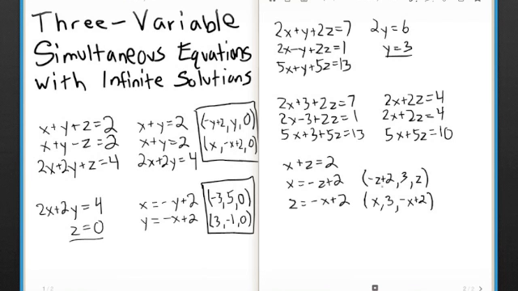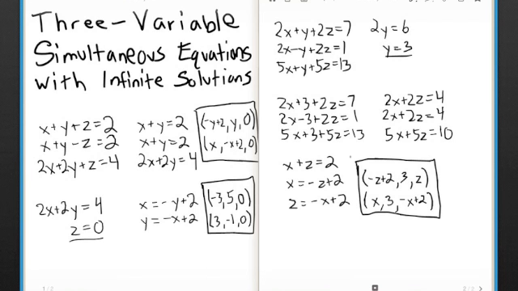So, just so we're clear, the way this works is you have one letter that is just the letter, and then you have something else that is based off of that variable, and then you have one variable that you know the exact number. That is how these solution pairs for infinite solutions work.